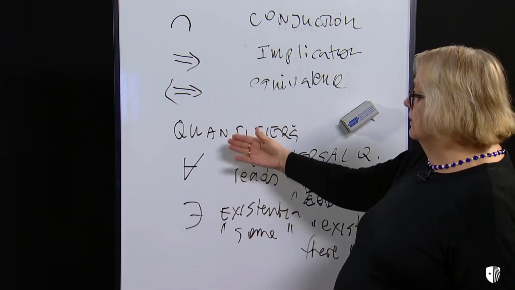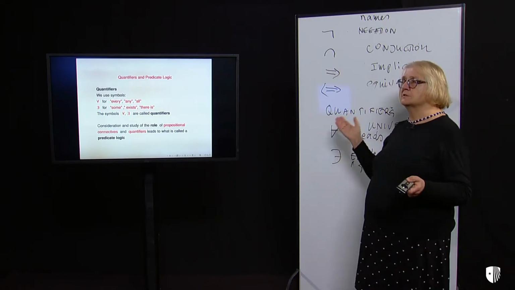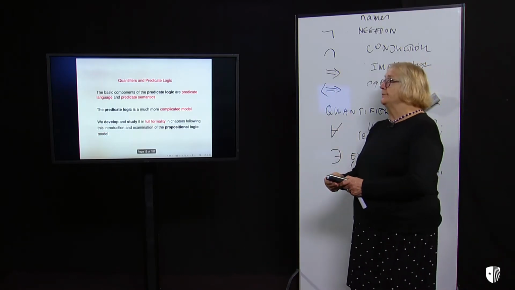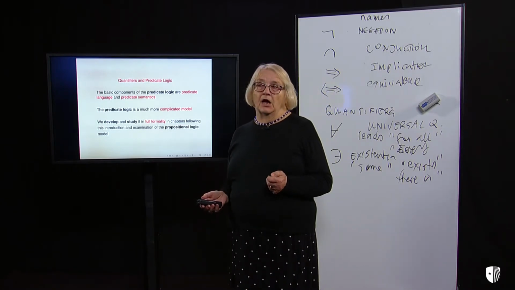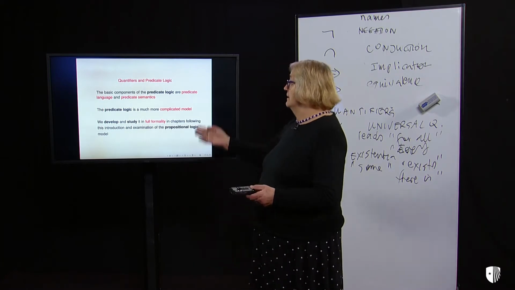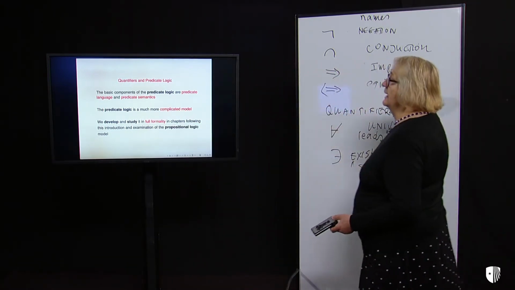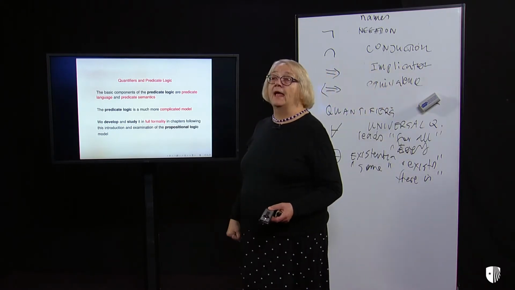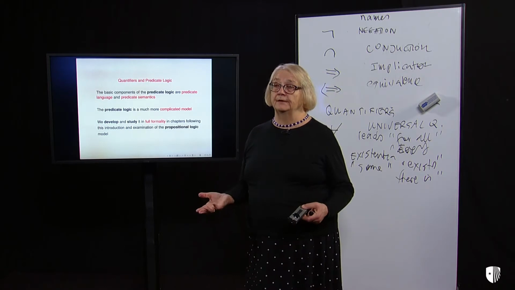If you add those symbols and some more symbols, it is called predicate logic. So the basic components of predicate logic are, again, predicate language, which is richer, and predicate semantics. And of course, predicate logic is a much more complicated model.